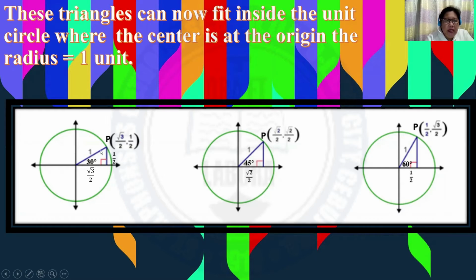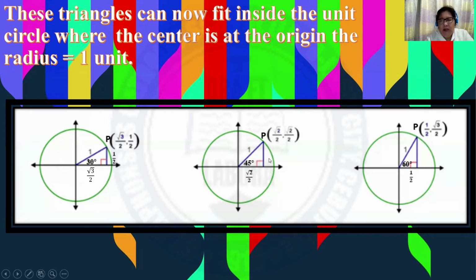The radius or the hypotenuse is 1. So the coordinates of this point, we have square root of 3 over 2 for the x coordinate and 1/2 for the y coordinate.